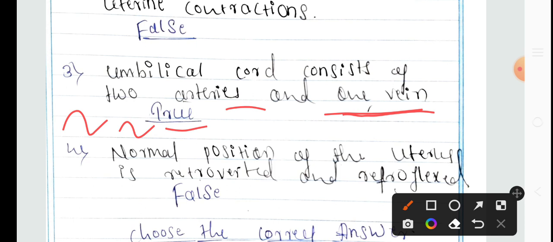If they say initially, at the 4 month stage, the umbilical cord has two arteries and one vein, then obviously it will be false. And if they have not mentioned anything initially and directly ask whether the umbilical cord consists of two arteries and one vein, then the answer is true.